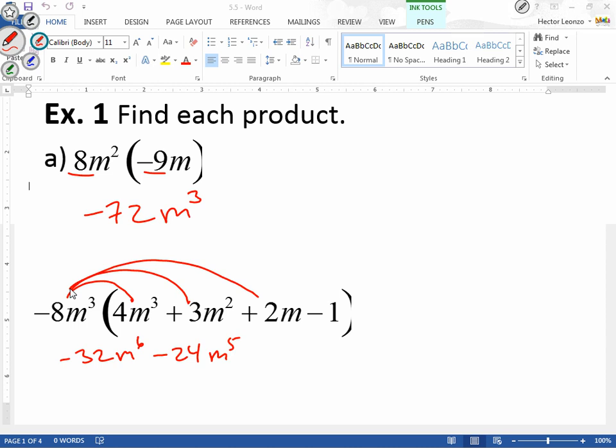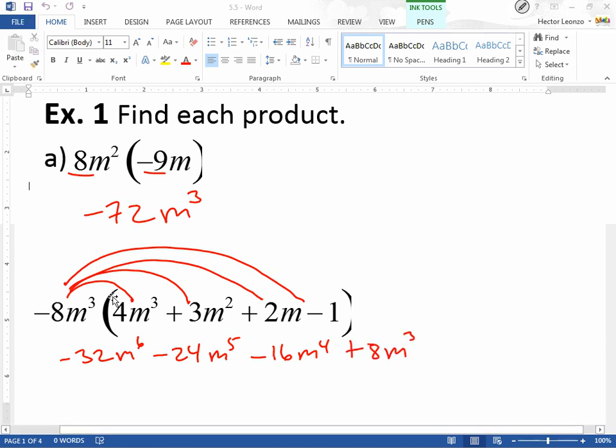When it comes to the third term, -8 times 2 gives me -16, and m to the 4th. Lastly, -8 times -1 gives me +8 and m to the 3rd. Right, I added the exponent. There was only one term with m, so do include the m to the 3rd.